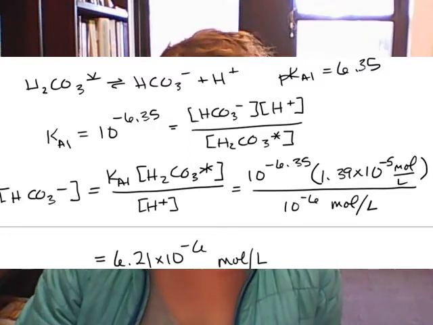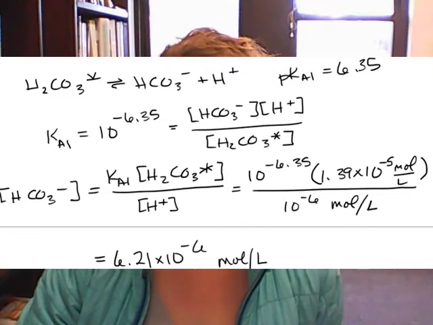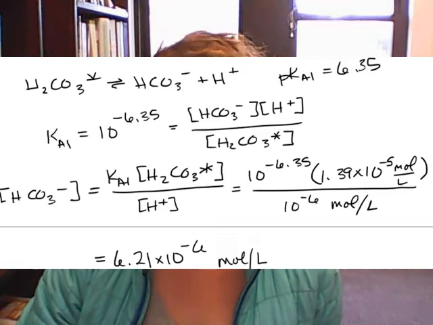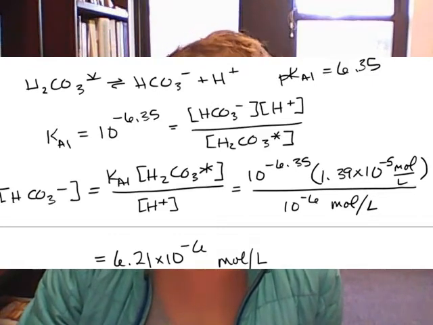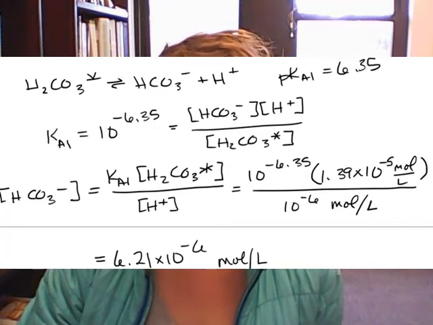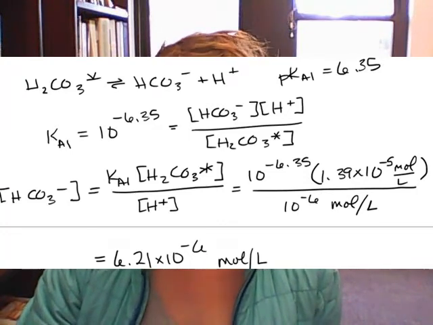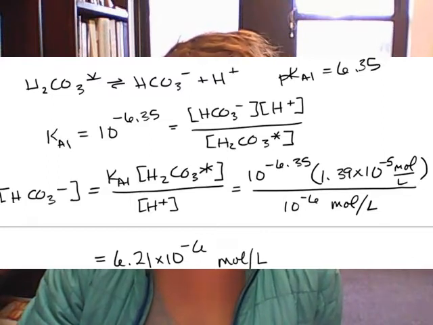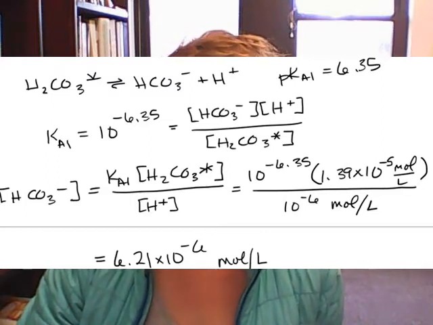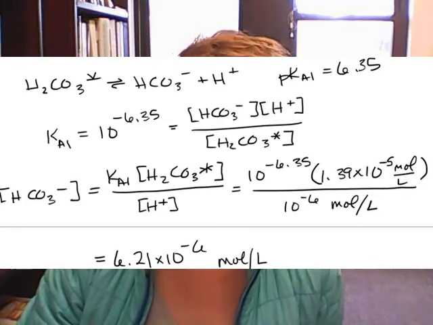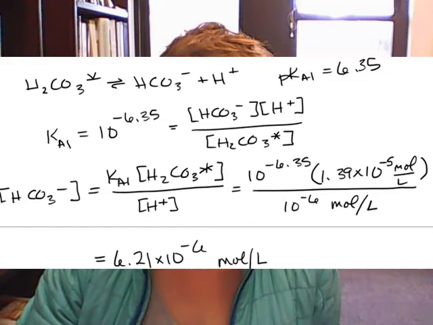So I need to get the equilibrium constant from that pKa. pK is very similar to pH, so we do it the same way. So our Ka1 is going to be 10 to the negative pKa, or in this case 10 to the negative 6.35. That is going to equal the product of the species on the right-hand side of the equation divided by our species on the left-hand side of the equation.